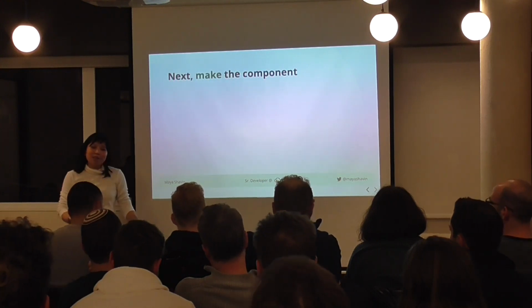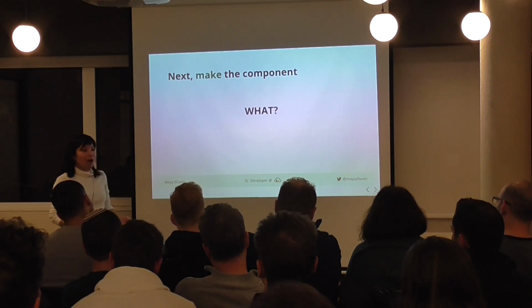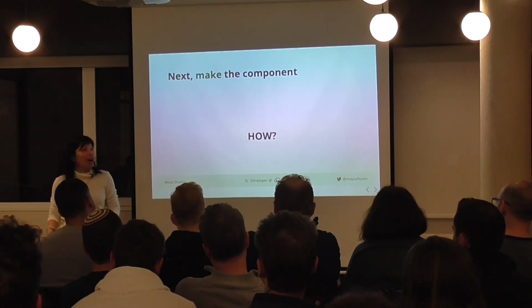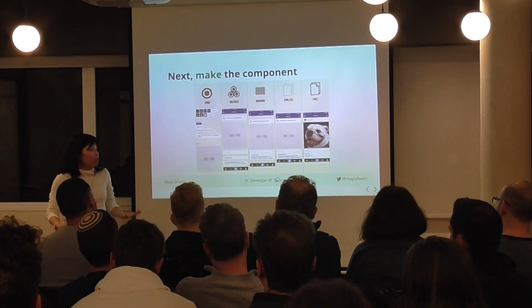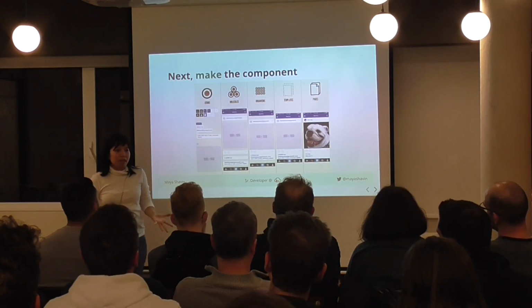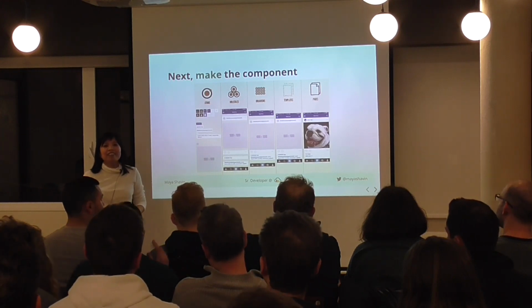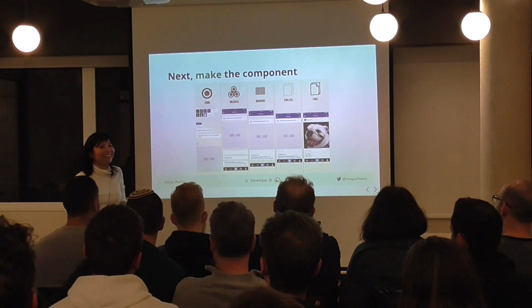Okay. So next, after we define the style guide, we need to make the components. So what do we make, and how do we make it? For StorefrontUI, we follow atomic design. Does anyone here know atomic design? Okay, not too bad.